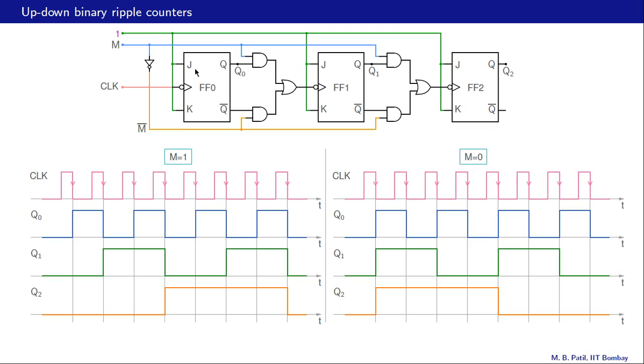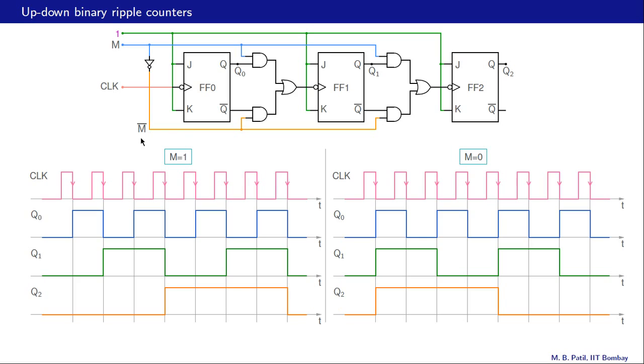For example, J and K are connected together for each flip-flop and they are all connected to 1. The clock goes to the first flip-flop, and in this circuit we have an additional input called M or mode, and here is mode bar.